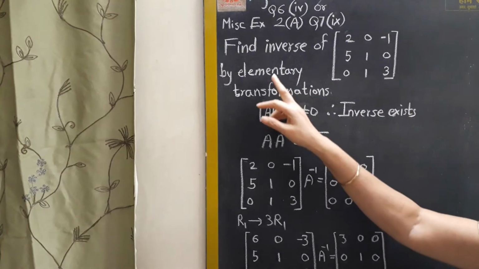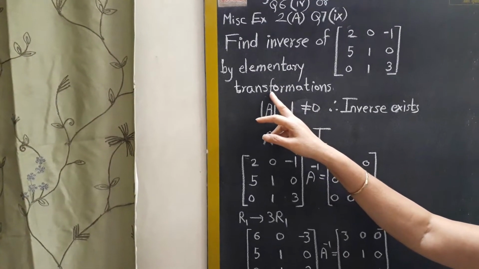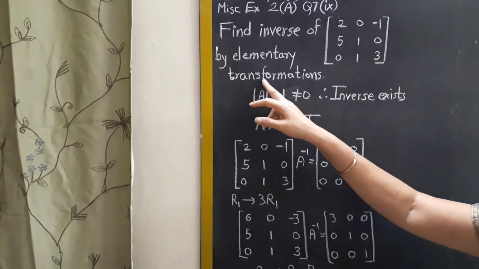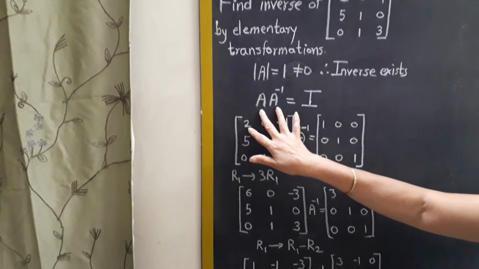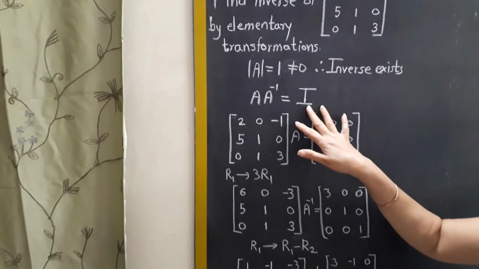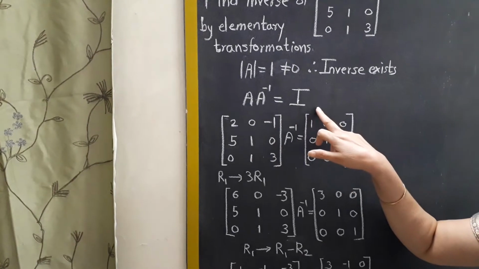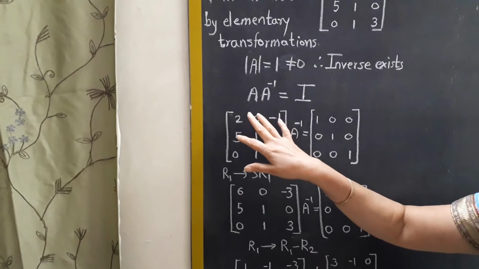Now since they have told you to find it by elementary transformations, we will take the identity A into A inverse equals I. We know already that this particular identity we use for row transformations.